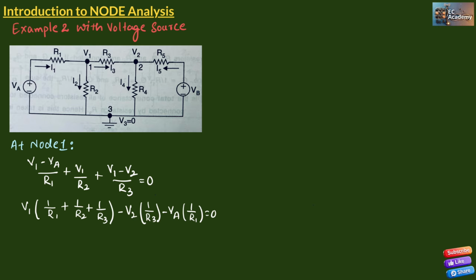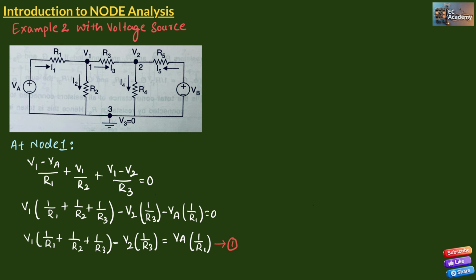So we can write the above equation as V1 into 1 divided by R1 plus 1 divided by R2 plus 1 divided by R3 minus V2 into 1 divided by R3 will be equal to VA into 1 divided by R1. Let us call this equation number 1.